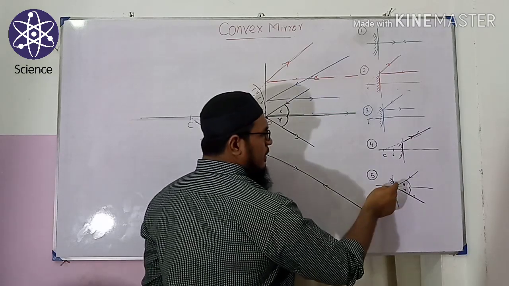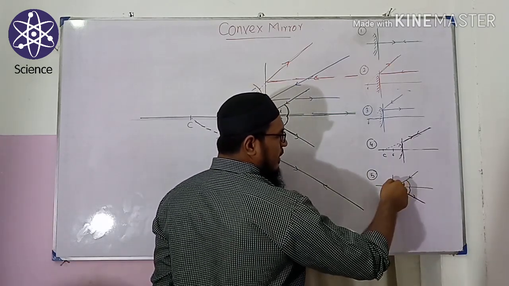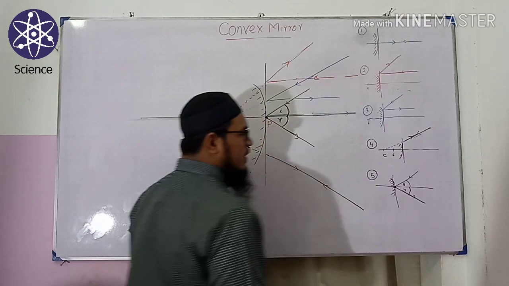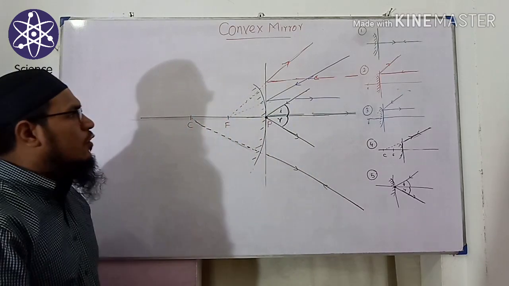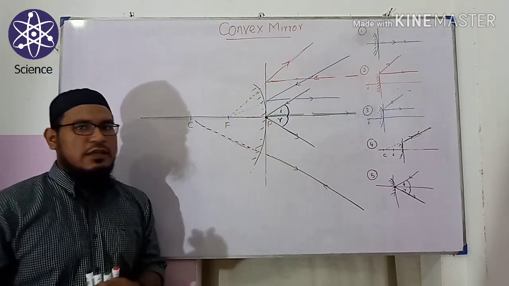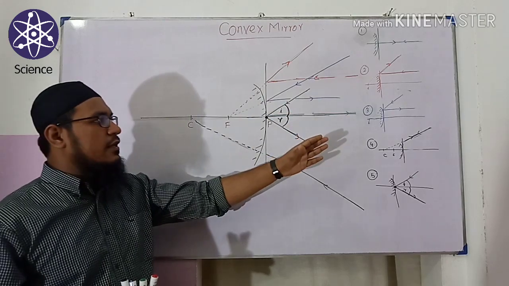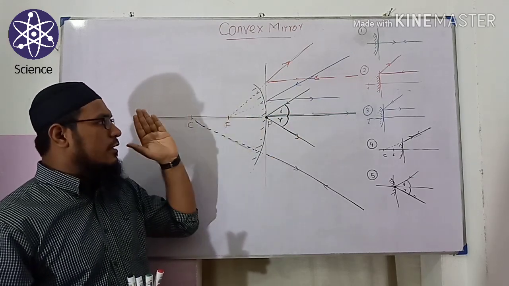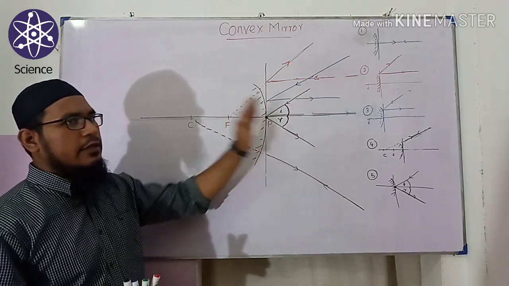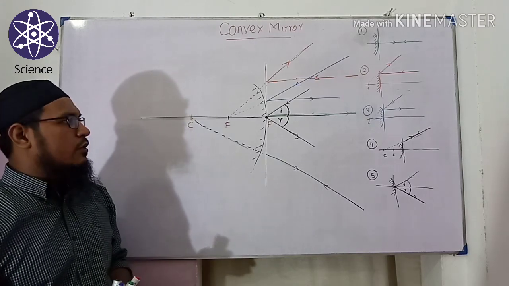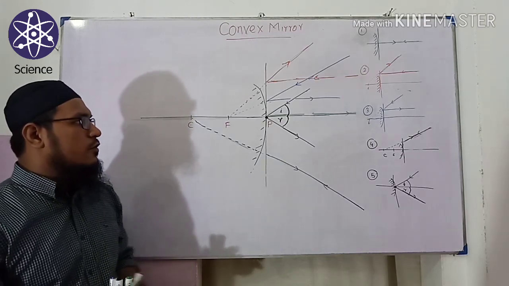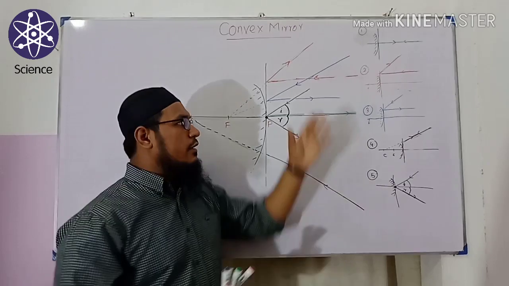And here at the pole point, if it makes an angle, it will be reflected back with the same angle. I hope you have understood all 5 theories. With these 5 theories, we can draw the object and the location of the image. So please copy these down.